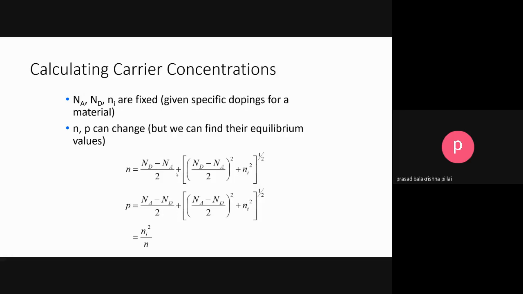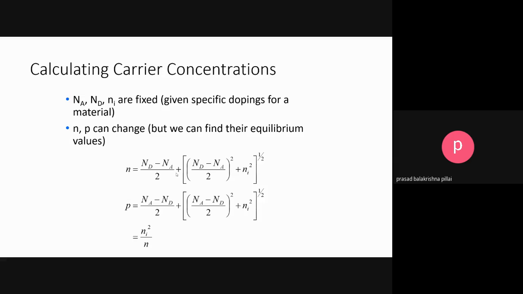Yes, sir. If you take the practical values, Ni is typically around 10 raised to 10, and doping densities are of the order of 10 raised to 15 and above. For example, 10 raised to 14 to 15 is lightly doped, then it can go up to 10 raised to 20.